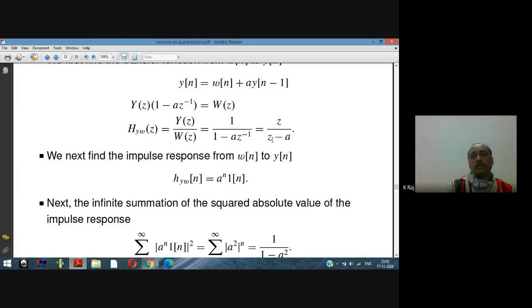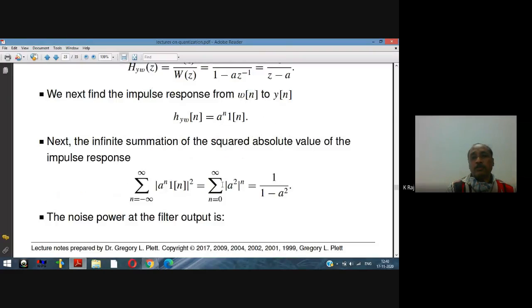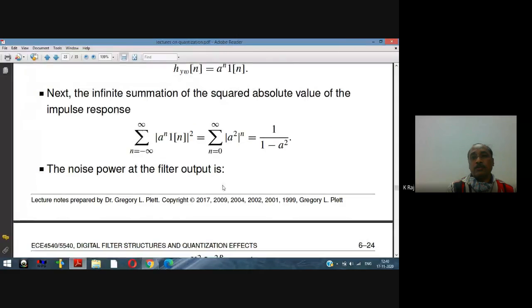If we want the impulse response from w[n] to y[n], it is the inverse z transform of this, that is aⁿ u[n]. And the infinite summation of the absolute value h[n]² becomes 1/(1 − a²).